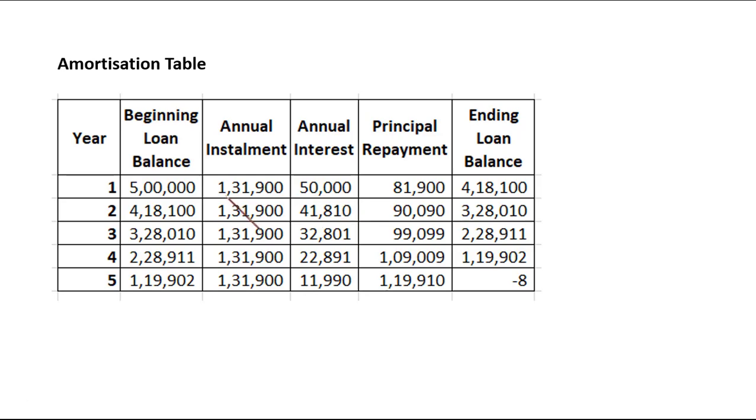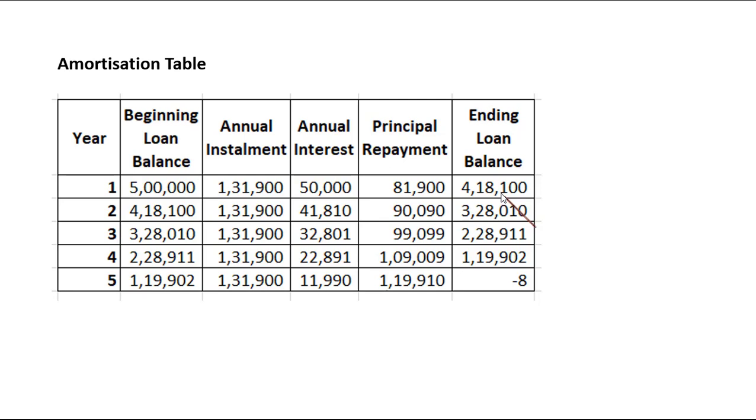So we paid an annual installment of 1,31,900, out of which 50,000 was only interest. So the remaining 81,900 was the principal. So we have paid a principal of 81,900 out of the 5 lakh rupees. So 5 lakh minus 81,900 gives us 418,100.